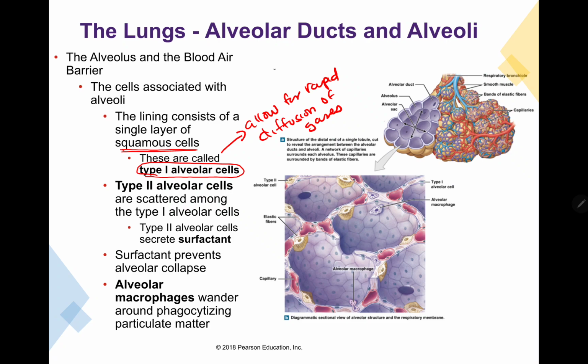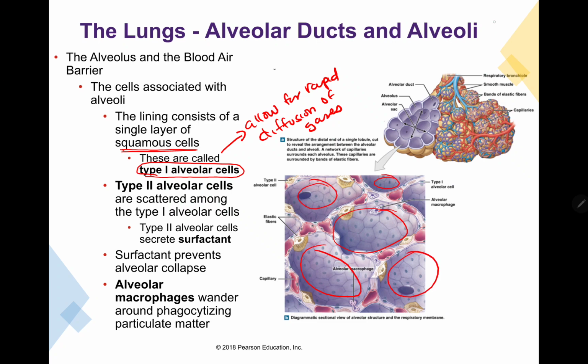Again, oxygen will enter the blood supply, whereas carbon dioxide will leave. And so that's that simple squamous cell, which lines the alveolus.